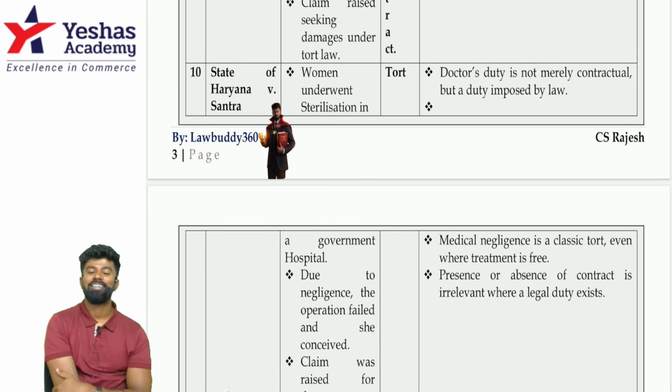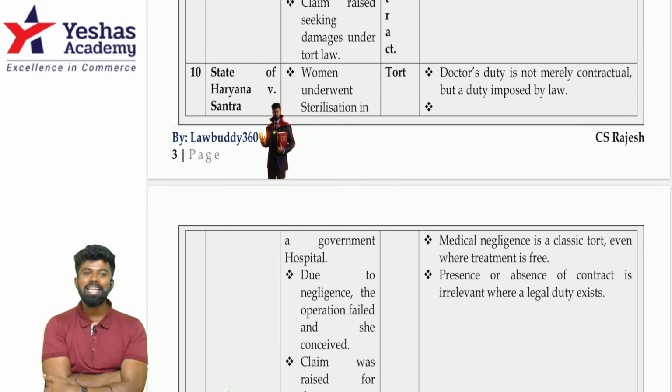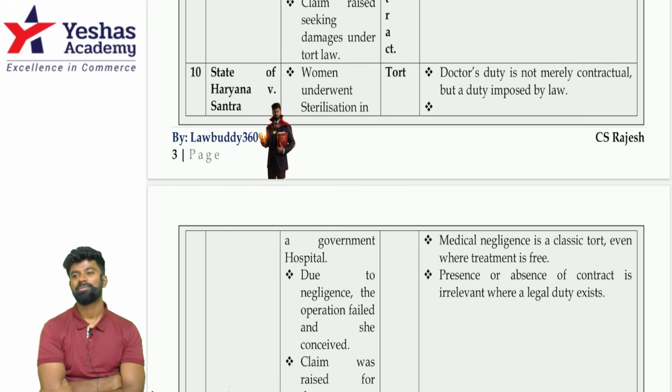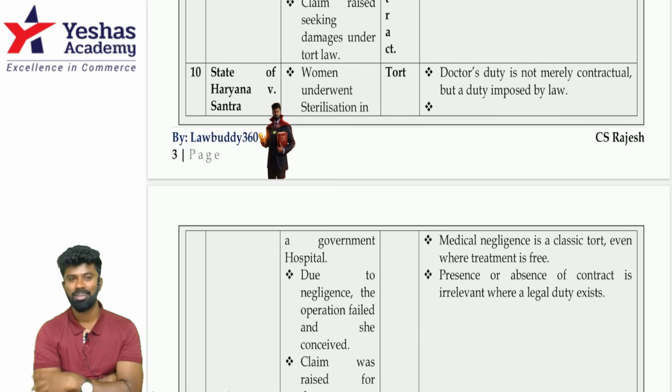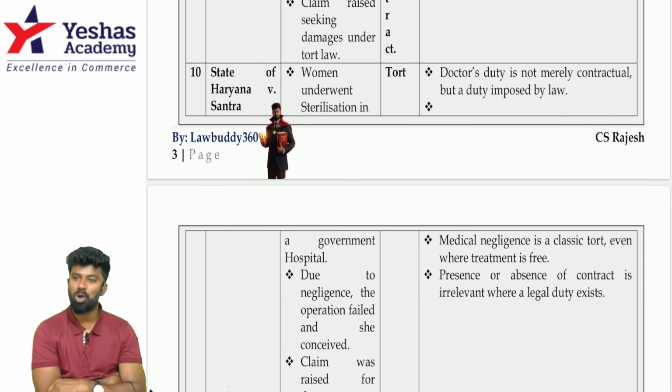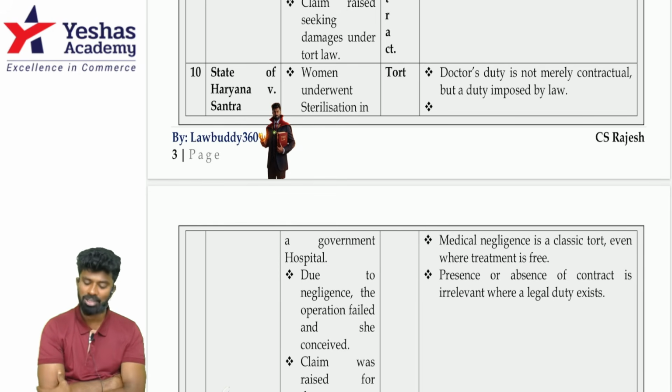What happened here? A lady underwent a sterilization operation, but even after sterilization, she conceived. There is negligence by whom? The doctor here. Now tell me, is it a tort? Is the doctor liable to pay compensation? Yes, it's medical negligence.